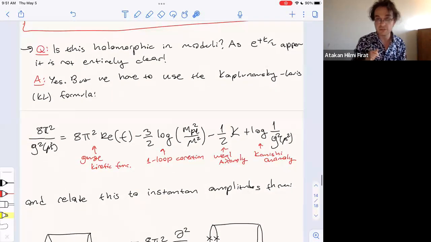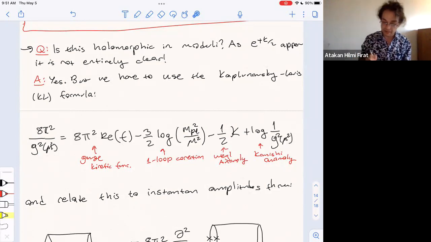So first, let me give a brief overview of what the Kaplunovsky-Louis formula is all about. This is the supergravity generalization of the fact that the coupling of a supersymmetric gauge theory is one loop exact.